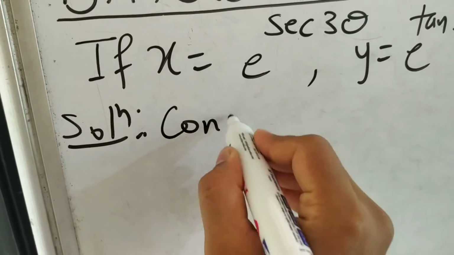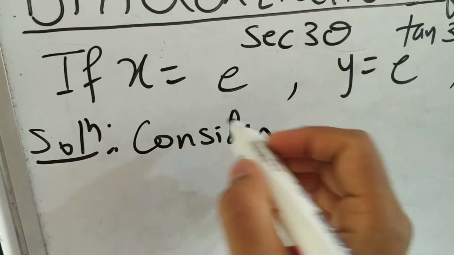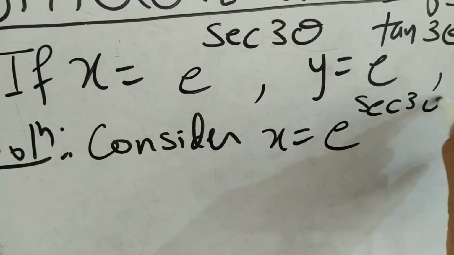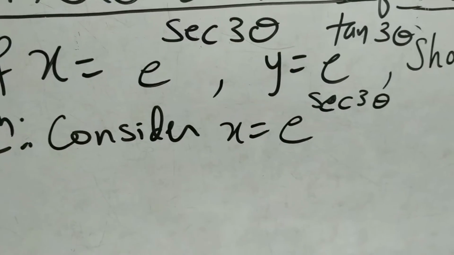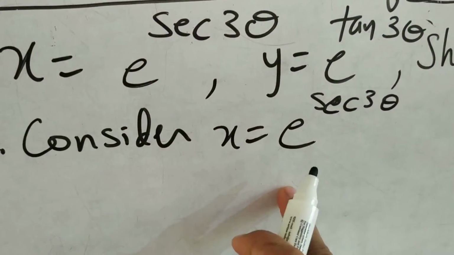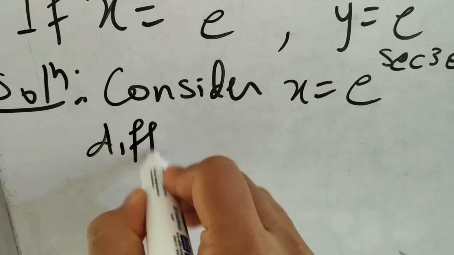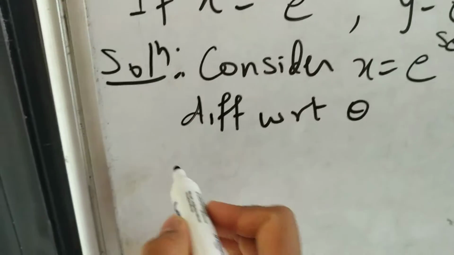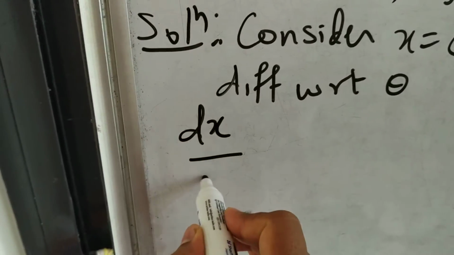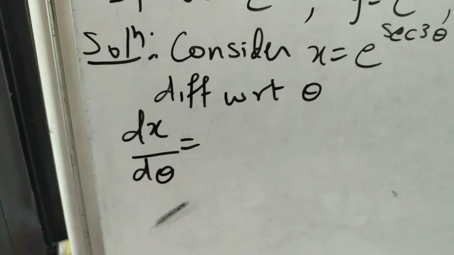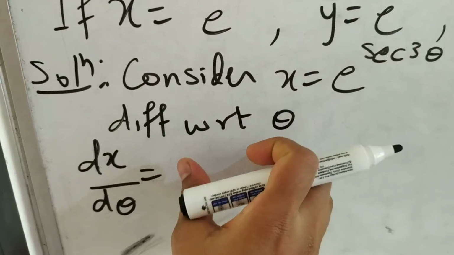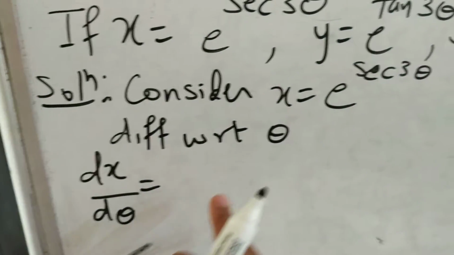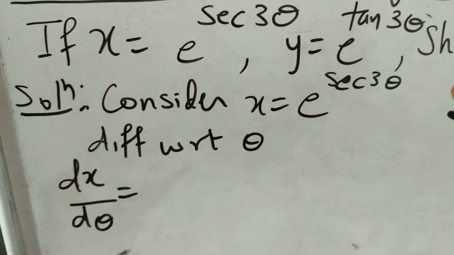Let us consider what is given to us first. Consider x equals e raised to sec 3 theta. Now differentiating with respect to theta, derivative of x is dx upon d theta, and derivative of e raised to x is e raised to x.